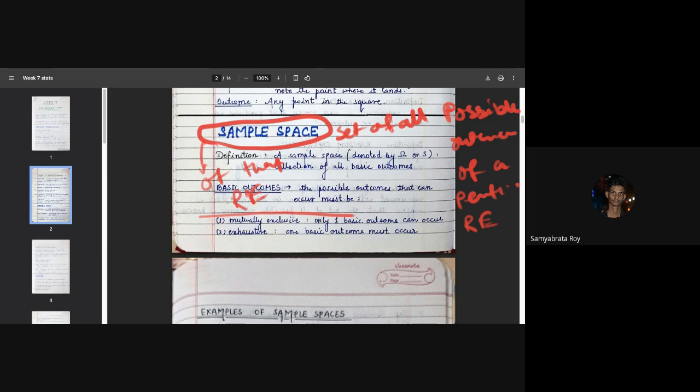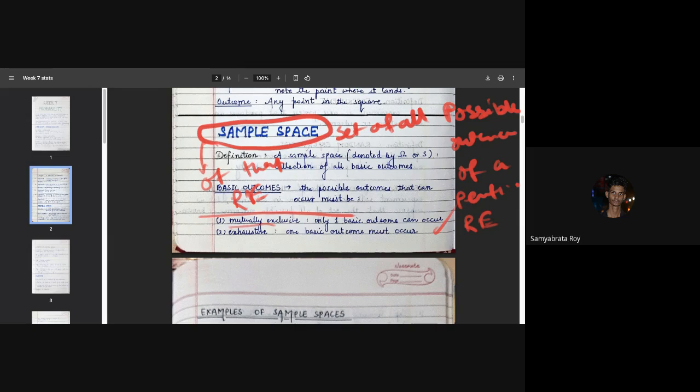Now there are a few properties it should obey. Firstly, mutually exclusive. If the random experiment is conducted, one particular outcome occurs, which is included in the sample space.